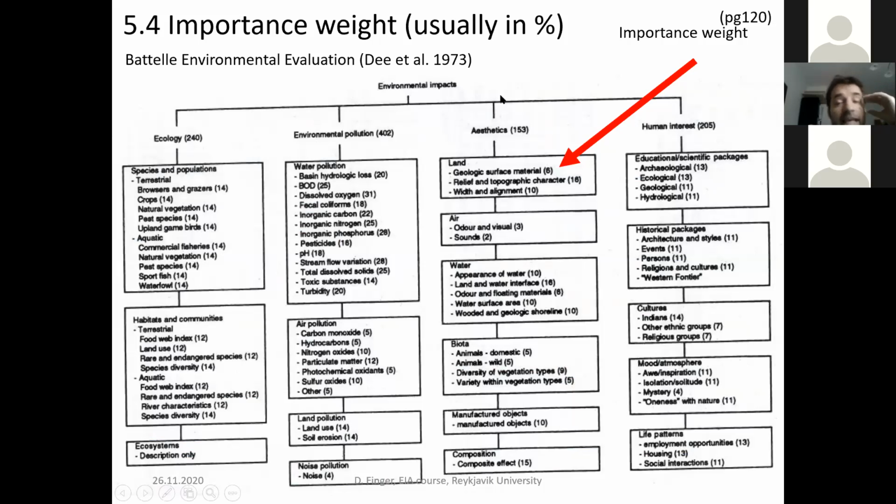If you had a project that would fit those criteria, you could have a fact sheet about each of those four subchapters, and then you could create a weighted value for each of the sub-elements for each of the chapters. So for example, for ecology, you could look at the terrestrial ecology, the aquatic ecology, and then give each individual factor a weighted value.